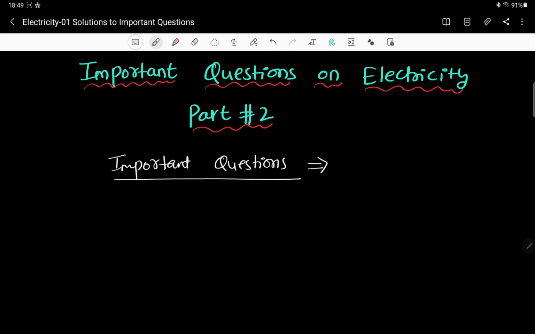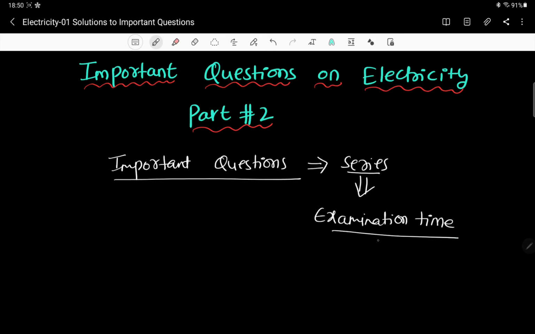By solving all these important questions during your examination time, a lot of your time will be saved, because you will get all standardized questions instead of reading all long notes. All kinds of theory as well as numerical questions are covered in this series.